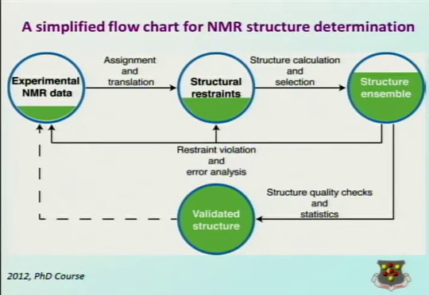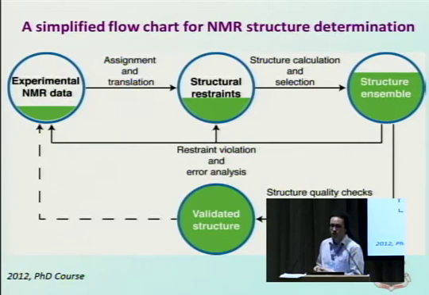So we will have a look as we go on in the lecture. And these are then input into structure calculation algorithms that will produce an ensemble of structures that are compatible with your NMR data. And that's the part that the WeNMR platform is addressing as of now.